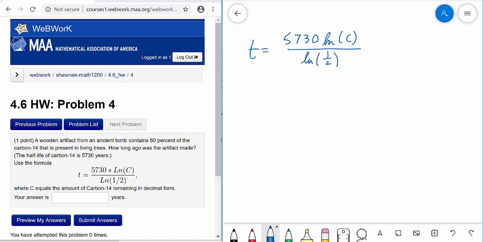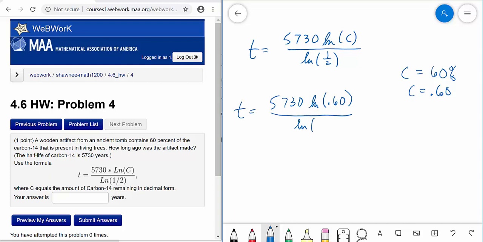We're given this formula that t is equal to 5,730 times the natural log of C, where C is the amount of carbon left as a decimal, and then you divide that by the natural log of 1/2. For our problem, we have 60% of carbon, so we plug in 0.60 for C. In this formula, I would do 5,730 times the natural log of 0.60 divided by the natural log of 1/2.